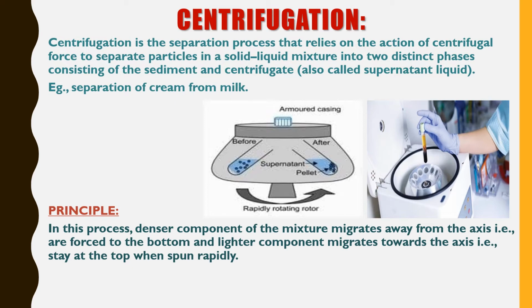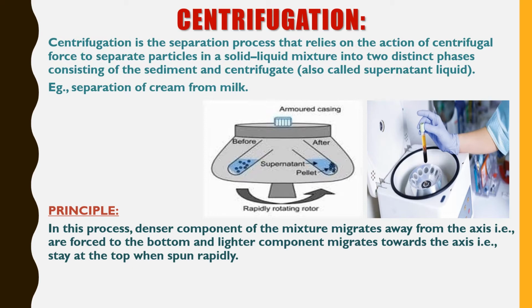In this process, the denser component of the mixture migrates away from the axis, that is, it is forced to the bottom, and the lighter components migrate towards the axis, that is, they stay at the top when spun rapidly. This process is carried out in a centrifuging machine, or you can say a centrifuge. You can see over here the centrifuging machine.